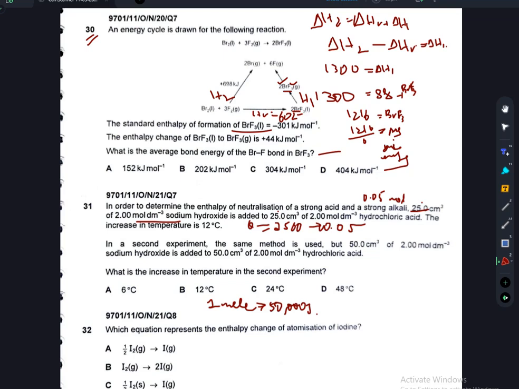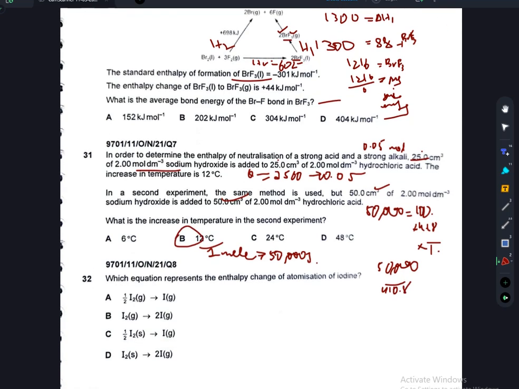So in the second experiment I will take definitely 50,000 here is equal to 100, because 50 and 50 is 100, and volumes are considered equal to mass, multiply 4.18 and multiply temperature difference. So 50,000 divided by 418 is something like 12 degrees C. So B is your right answer.